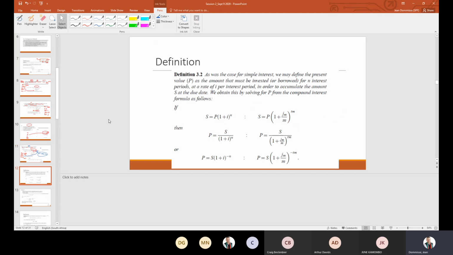So again, you will see that the formula stays the same. It's just that there are a few different ways of writing it. As with the one that we did last week on simple interest, if I want to rewrite it in the format where I want the P, I need to divide on both sides.